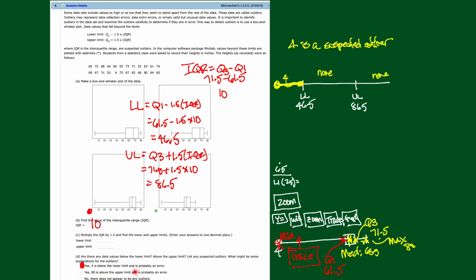No. 80 is right here, so we're okay with 80. There appear to be no others. I think there is an outlier right here at 4. That's what I'm going with.